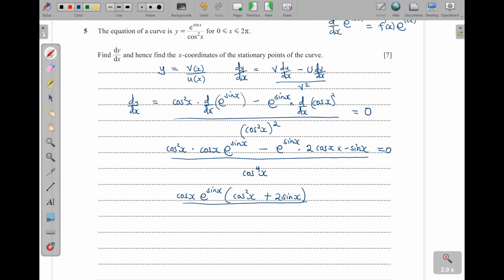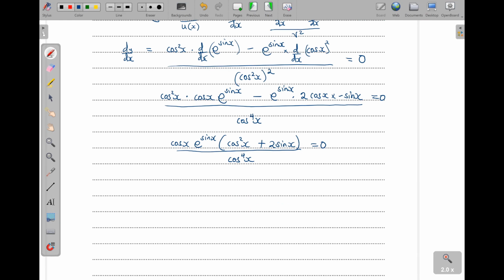Down here, I have cos to the power 4 of x. Reducing by 1, I have e to the power of sine x into cos squared x plus 2 sine x, divided by cos cubed x.